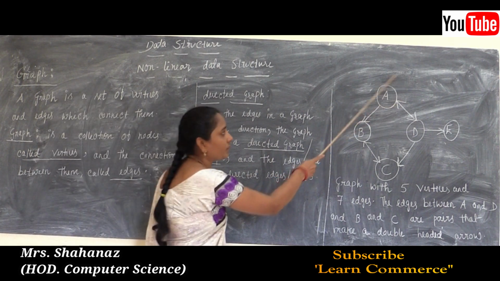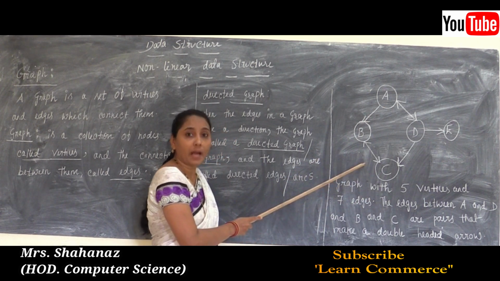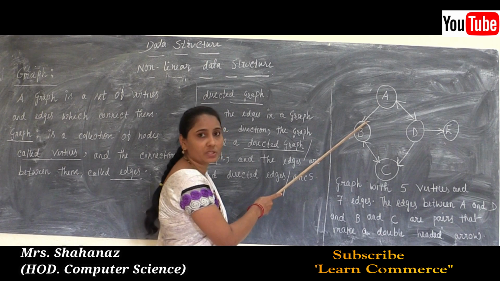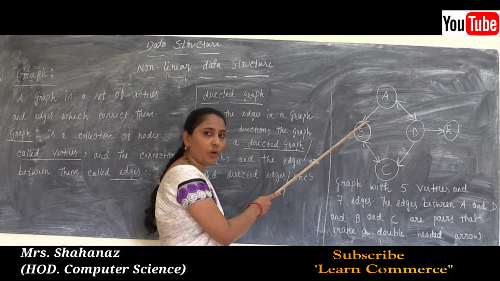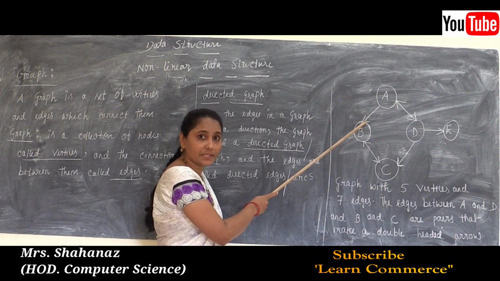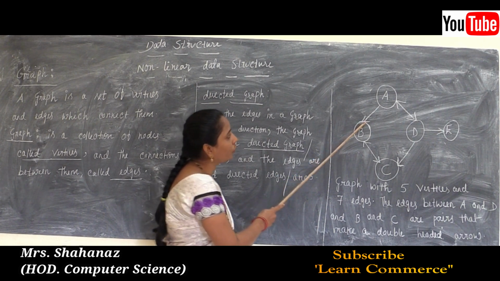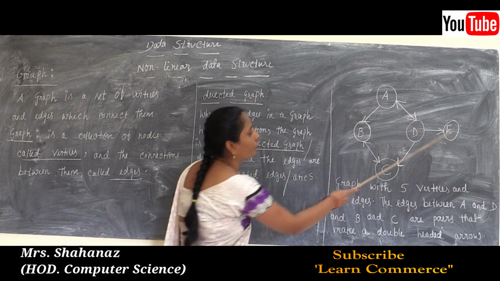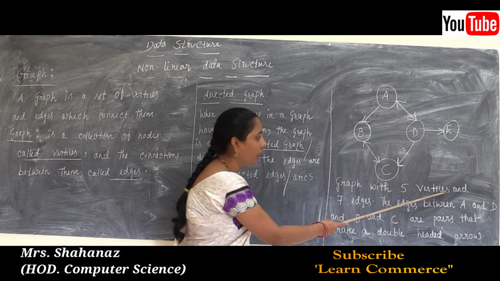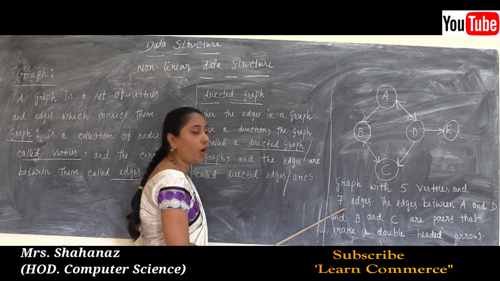Here is one simple diagram of a graph, and this diagram shows how many nodes are there. Why? Because we know that the graph is a collection of nodes called vertices. So in this diagram there are totally 1, 2, 3, 4, 5, so 5 vertices, 5 nodes. And how many edges, how many links are there?